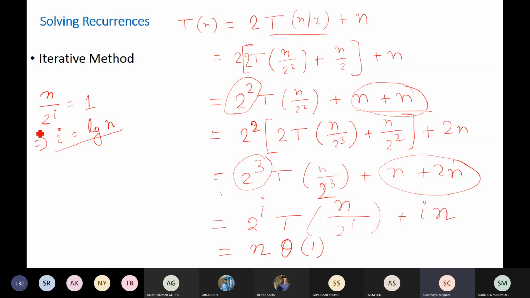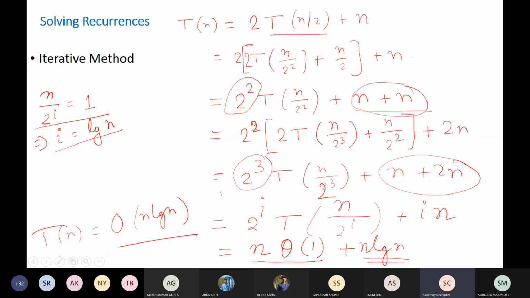So T(n) equals n times theta of 1 plus i, that is log n, into n. So here we can write n log n. Now n log n is larger than n. Therefore we can write T(n) equals big O of n log n.